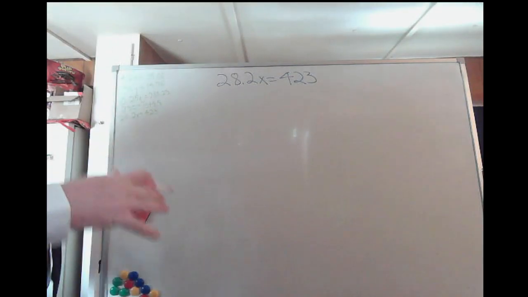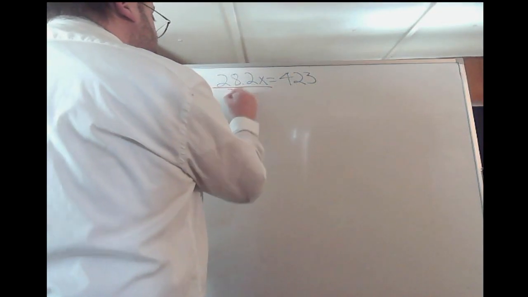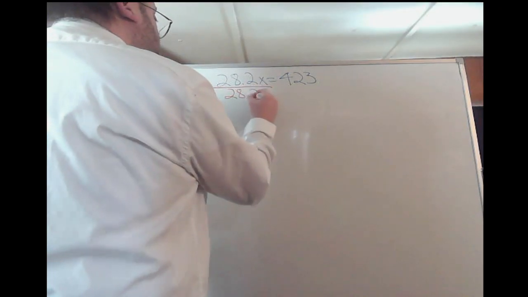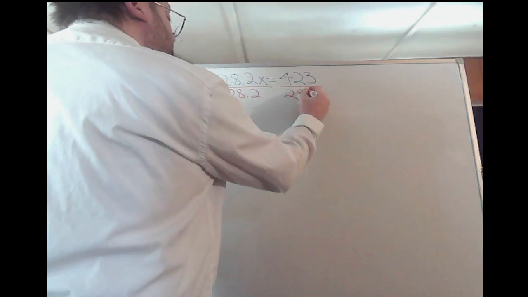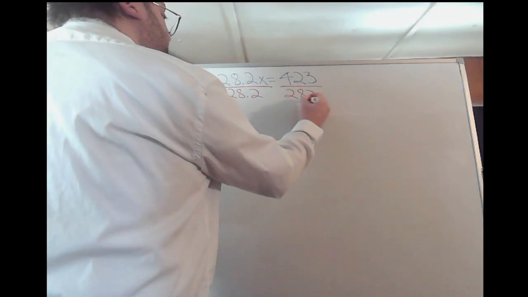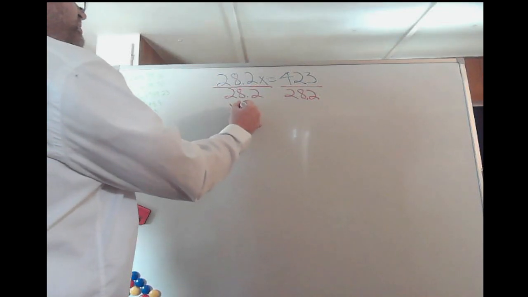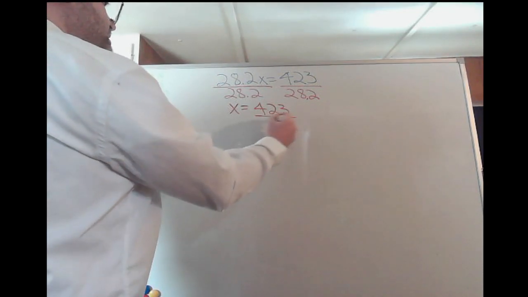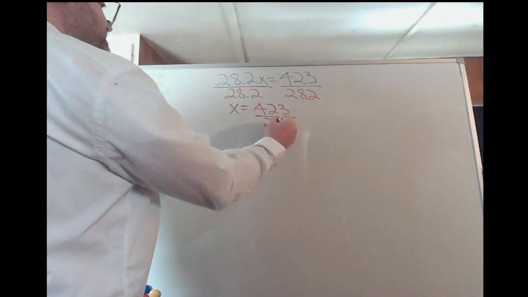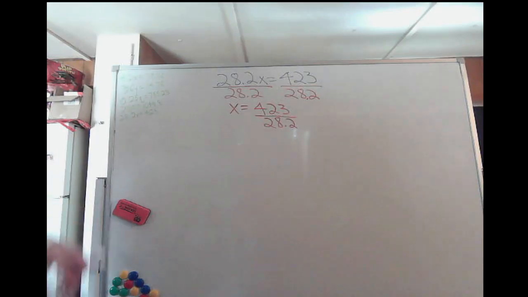Well, again, get x by itself, which means you divide both sides by 28.2. So let's go ahead and do that. x will end up being by itself. You'll be left with 423 divided by 28.2. So now we just got to figure out the division problem. What exactly does that equal?